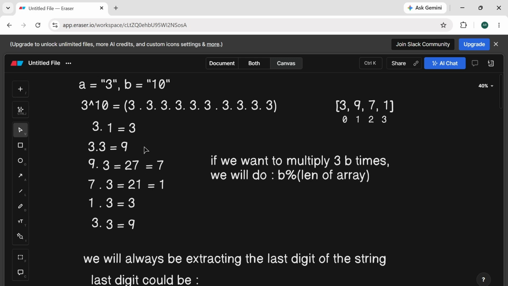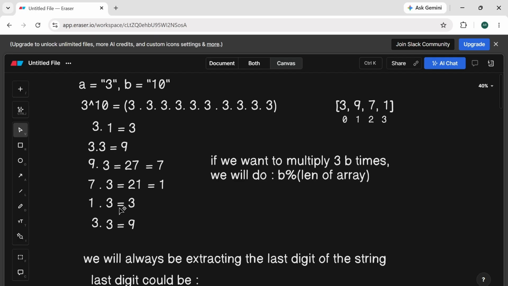So why should I multiply a large number with 3, if I can multiply a small number with 3? I'll not multiply the entire 27 with 3, I'll multiply only the last digit, and similarly follow the same fashion for all other numbers. Like here it is 21, so I'll not multiply 21 with 3, I'll multiply only the last digit with 3.